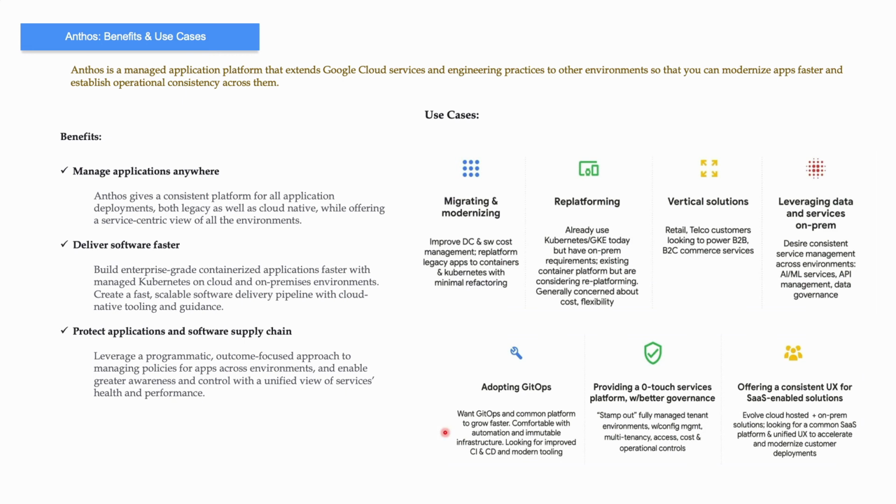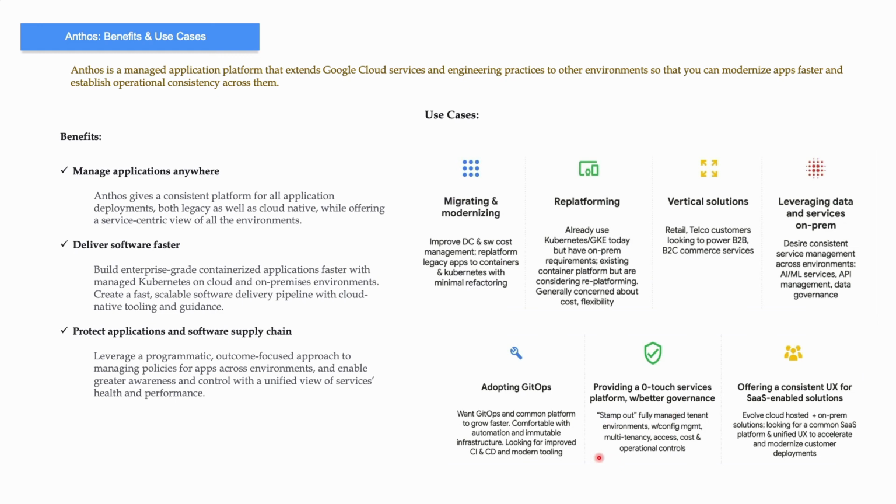So adopting GitOps becomes easier because all of the deployments are declarative, and it's based on YAML files. They sit on GitHub, so it's really easy to propagate all of the changes using your Git repository into Kubernetes-based deployments, providing a zero-touch services platform with better governance.